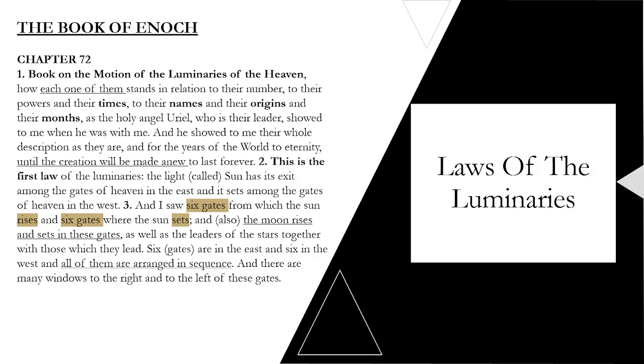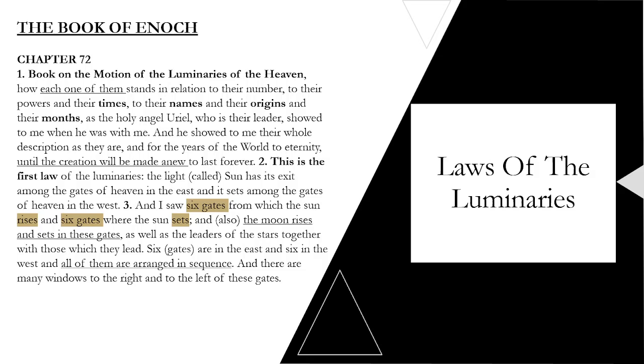And he showed to me their whole description as they are, and for the years of the world through eternity, until the creation will be made anew to last forever. This is the first law of the luminaries.